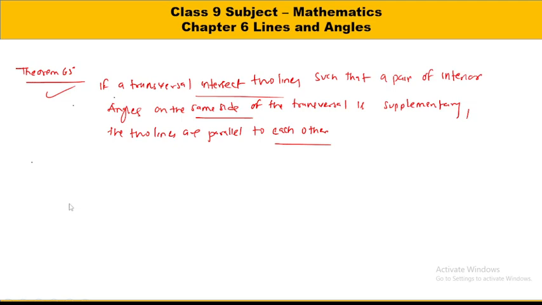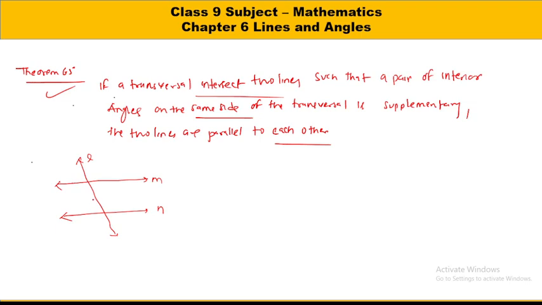So in this theorem, if you have two lines and we don't know whether they are parallel to each other, say line M and line N, another line, line L, is your transversal.